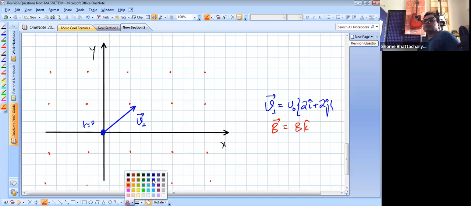And we have the properties of the charged particle, Q and M, charge and mass. So the direction of magnetic force, you can see v cross B will be pointing in this sort of direction. So the instantaneous magnetic force acting at t equal to 0 will be like this.